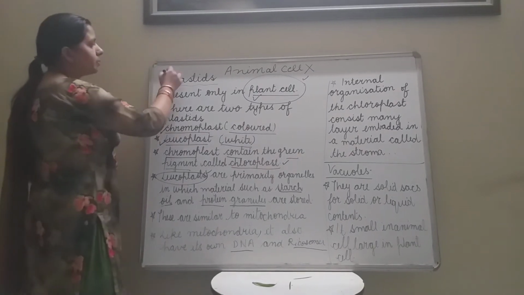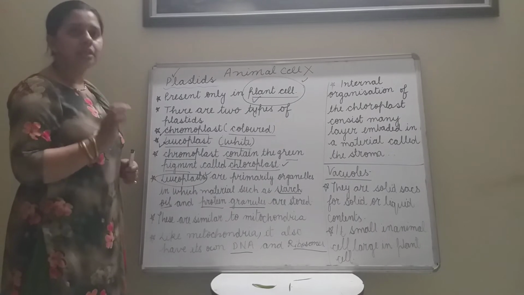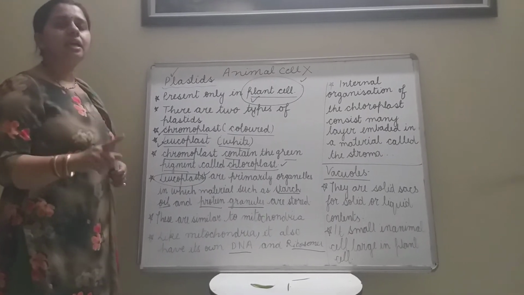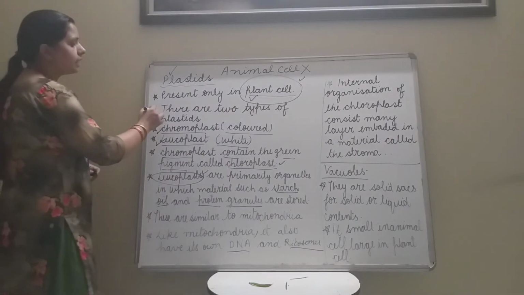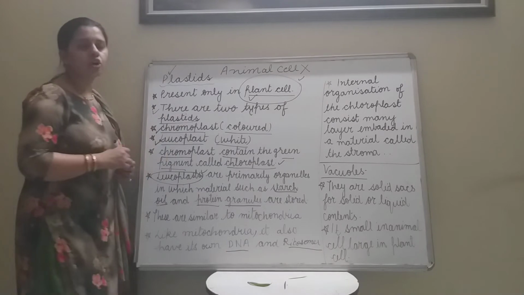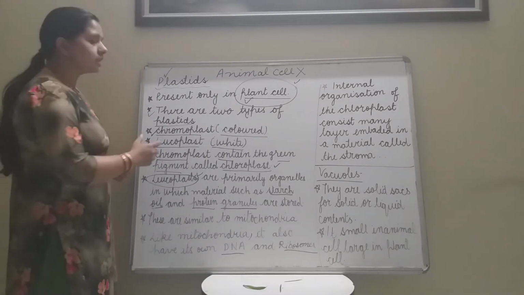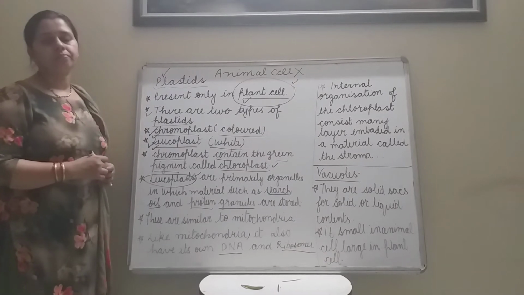So I am telling you about plastids. Plastid is a cell organelle that is present only in plant cells. There are two types, chromoplast and leucoplast.